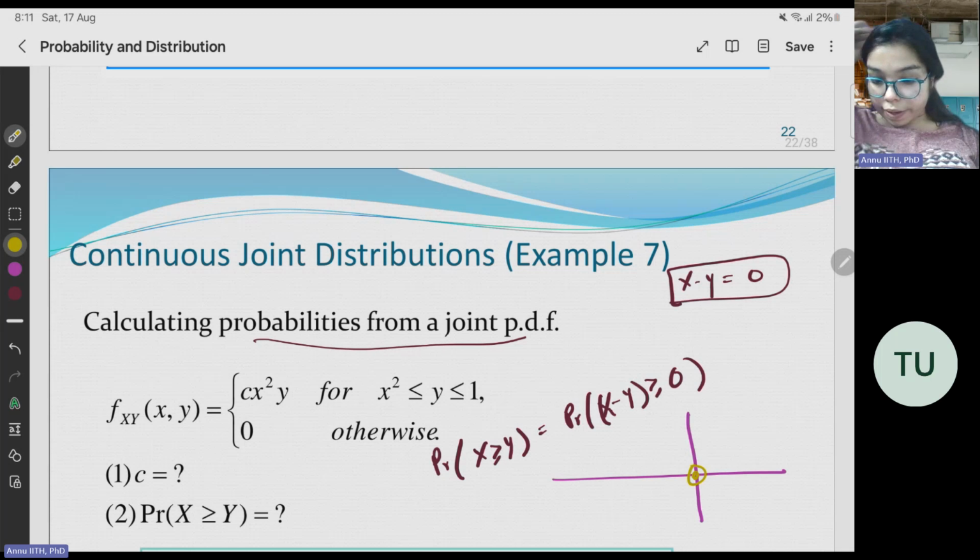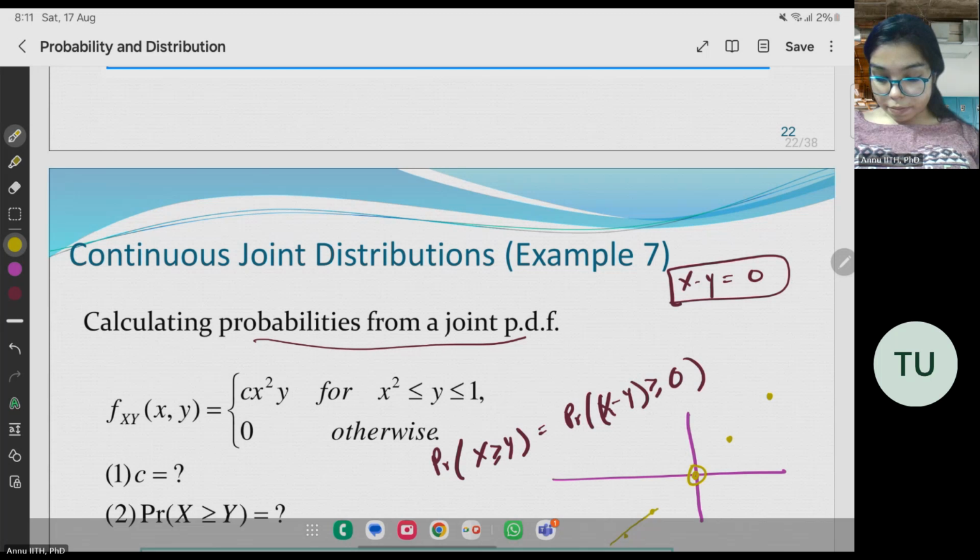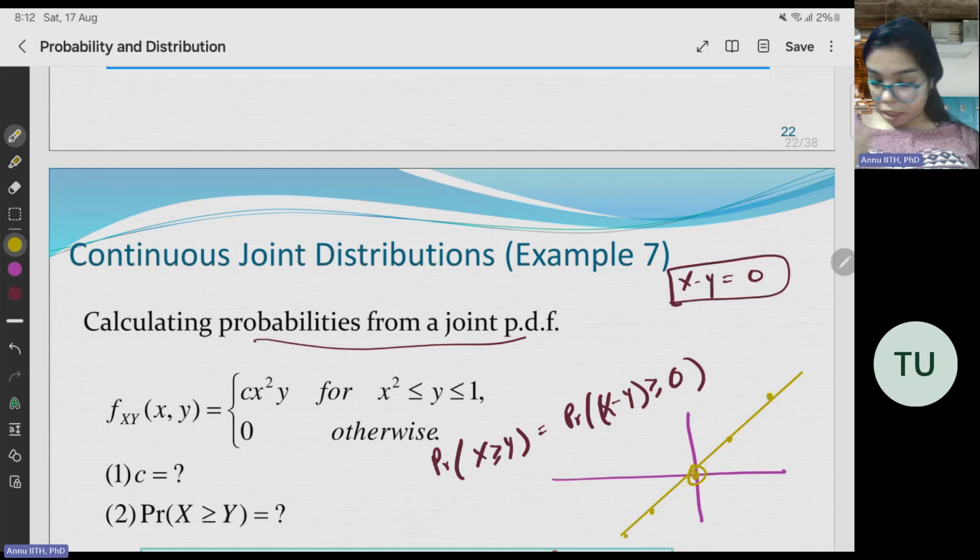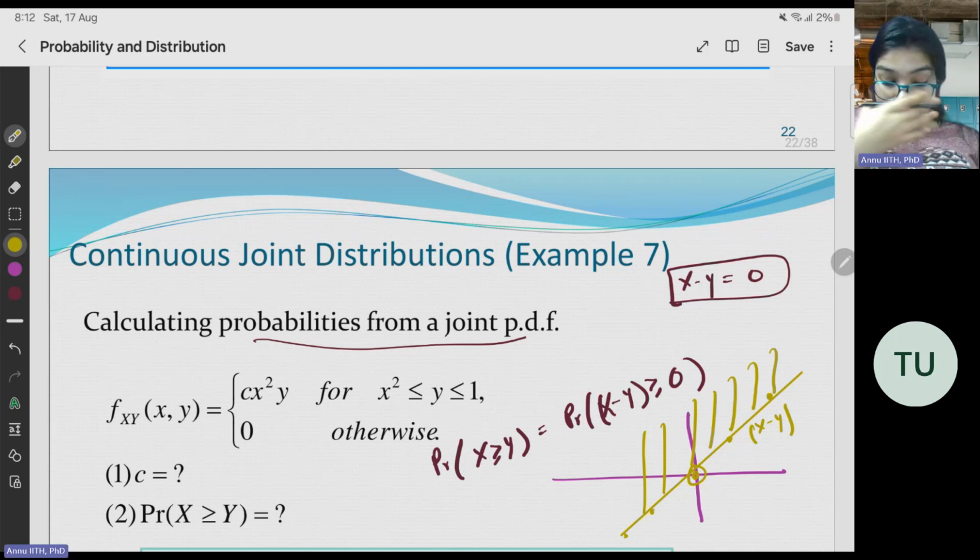If x equals to 1, y equals to also 1, this is a point. Two, like this. Okay, because this is actually x equals to y. And if it is greater than or equal to 0, it's x minus y. So again, it will be this particular line. Agree?